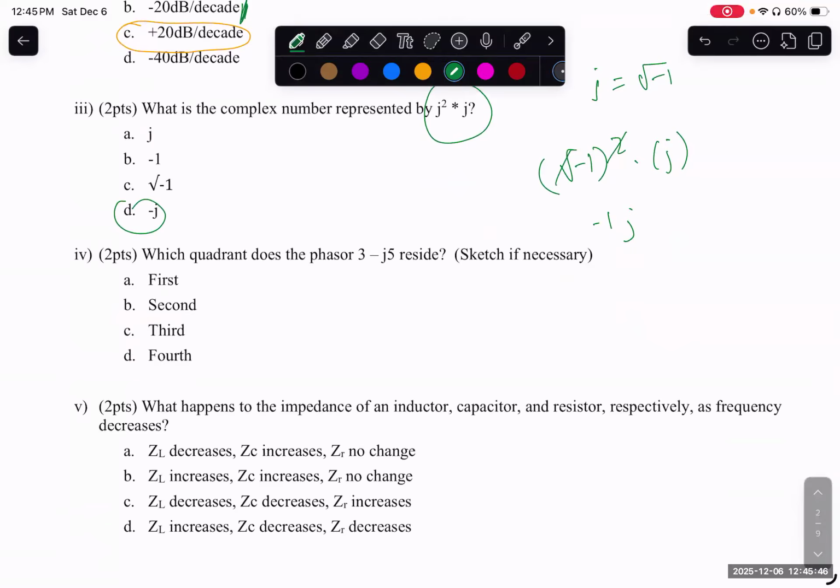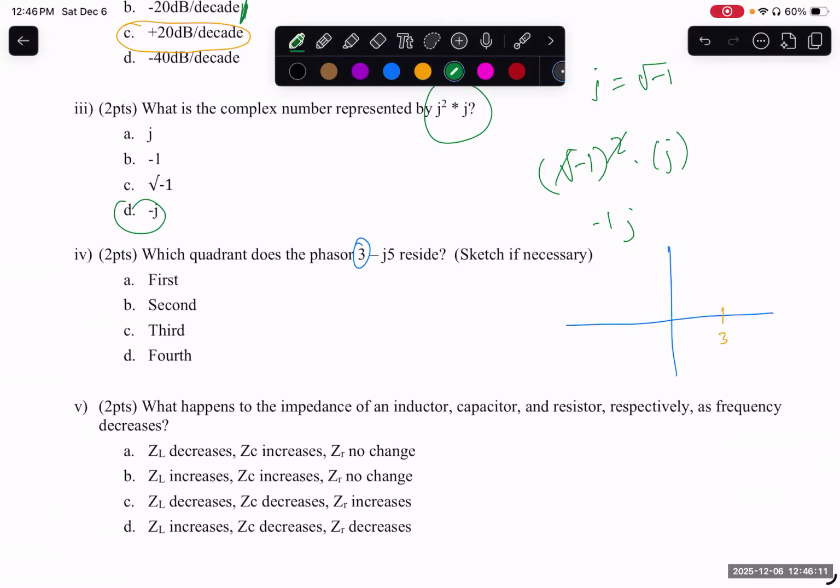Next question asks, which quadrant does the phasor 3 negative j5 reside? If you recall how it is drawn on a y and x axis, the first one is the x. It says positive 3, so it will be somewhere around here.